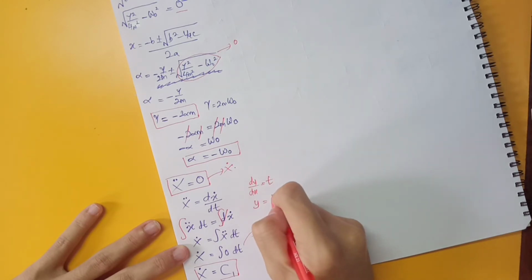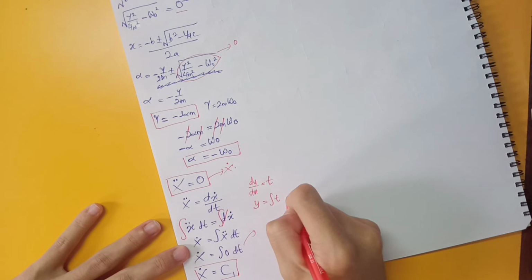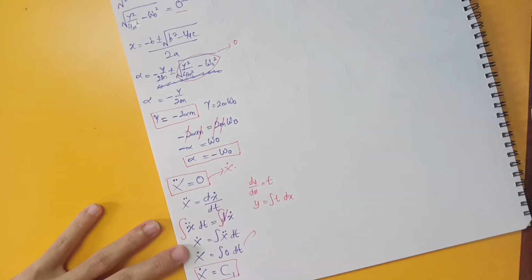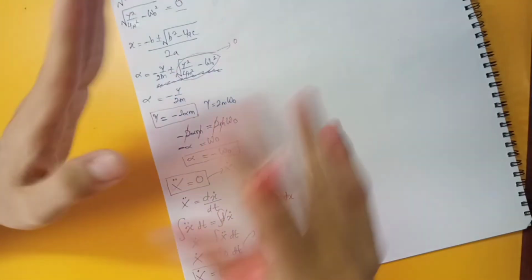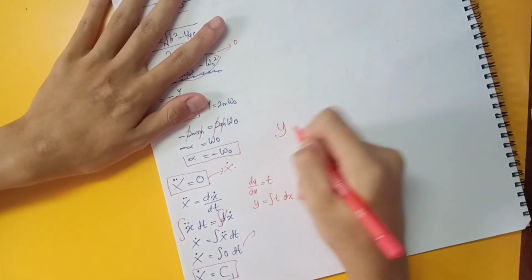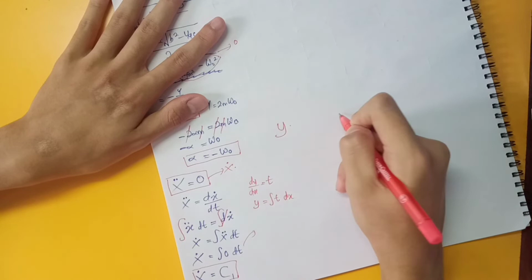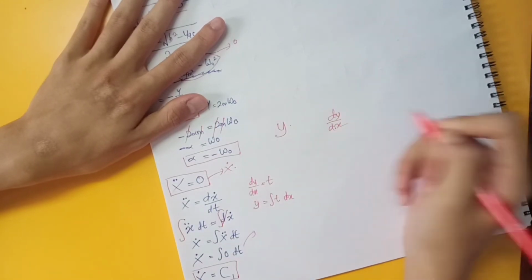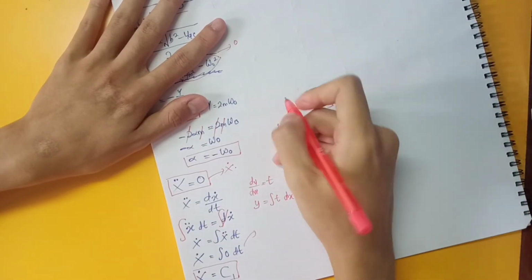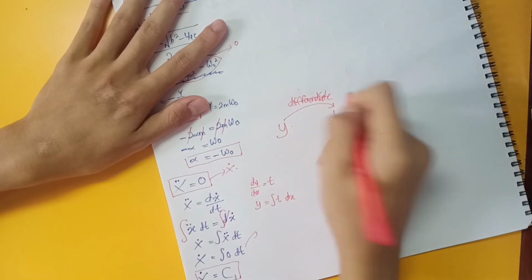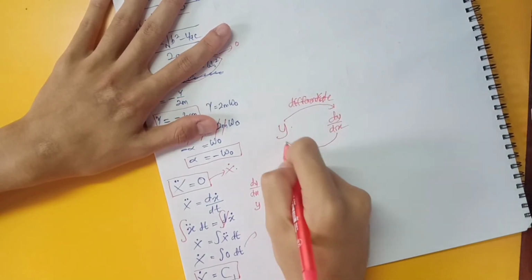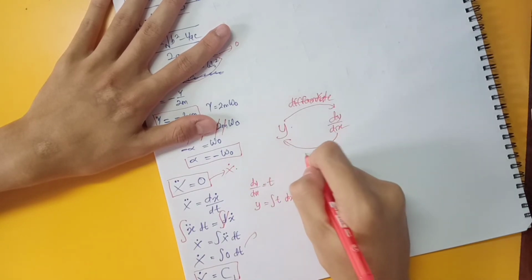To find y, we have to integrate t with respect to x. It's like how we go the other way around. If we have y and we want to find dy over dx, we have to differentiate. If you want to find the original form, you have to do some integration.